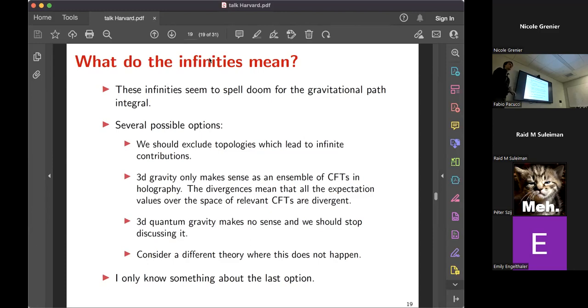Zero or negative? Negative. For positive it's much more complicated. There can be singularities. For example, if you start with the cylinder, that's the two-sided BTZ black hole. But you can always propagate it.